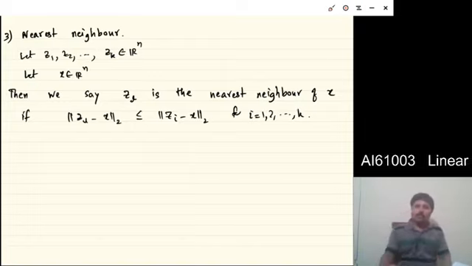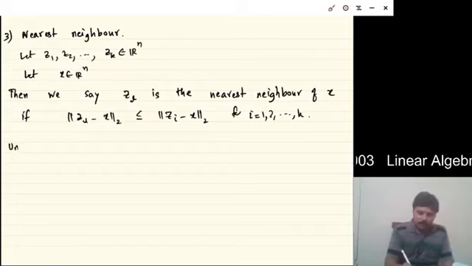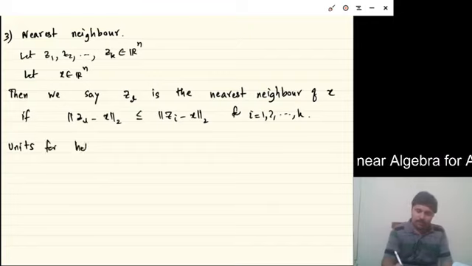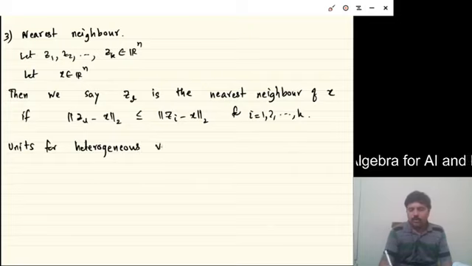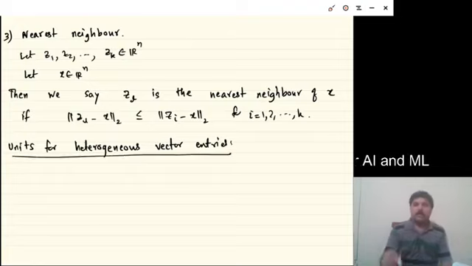And before we close today's lecture, I think I should say one more thing. Units for vector entries. That is something that is very important.